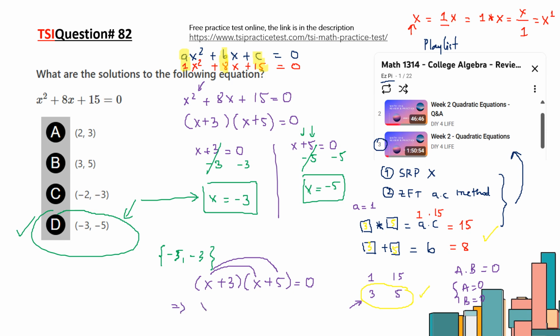So x times x is x squared, plus 5x. 3 times x is plus 3x. 3 times 5 is 15. Now simplify. This becomes 8x, so it goes back to the original equation. That means the process you did is correct, and your answers should be right.